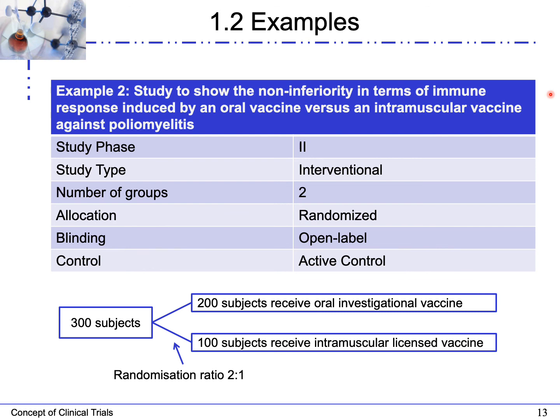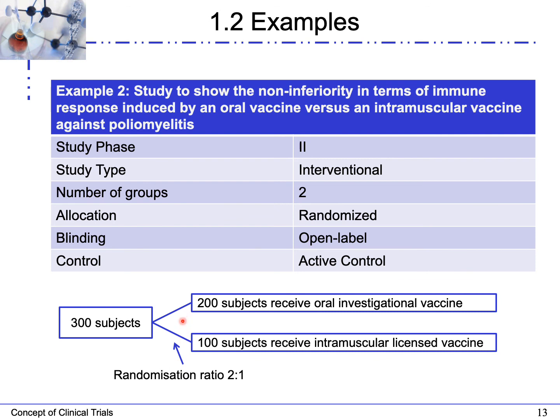This is an example of a randomized trial, open label, because you have the two types of administration. You have an active control, the control being the intramuscular vaccine, and it is interventional, as mentioned. There are two groups, 300 subjects being randomized 2-to-1 in this case.